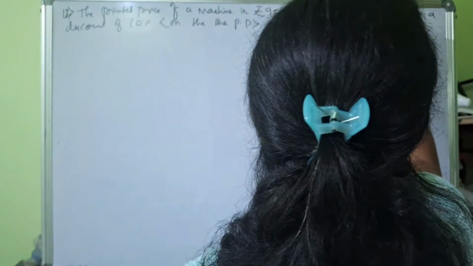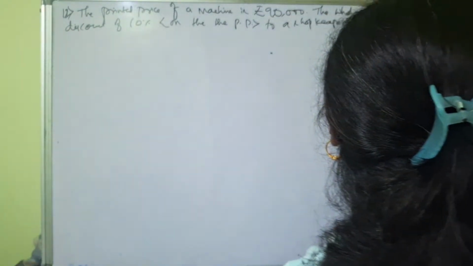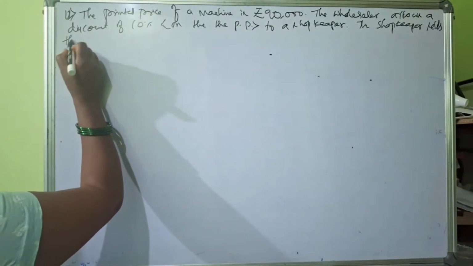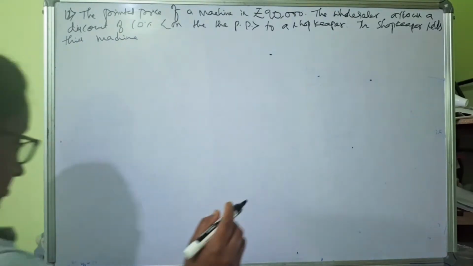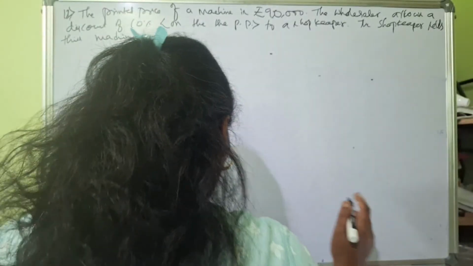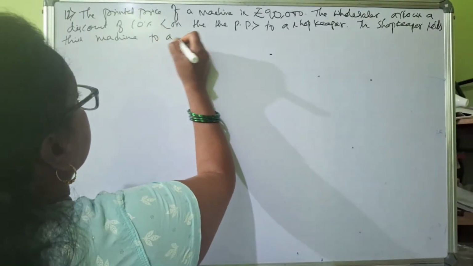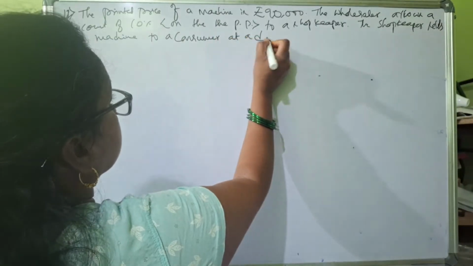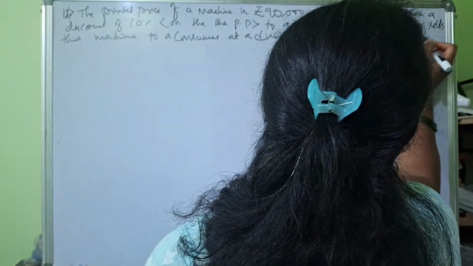The shopkeeper sells this machine to a consumer at a discount of 5% on the printed price.